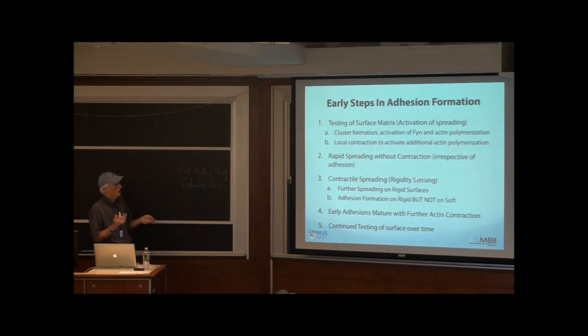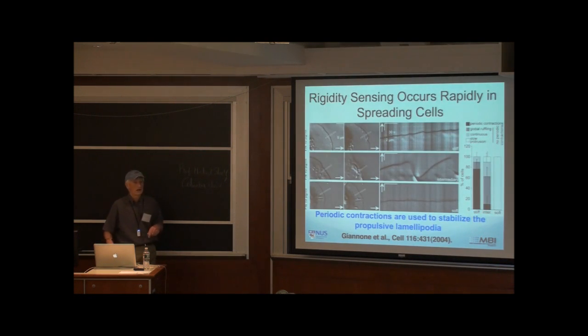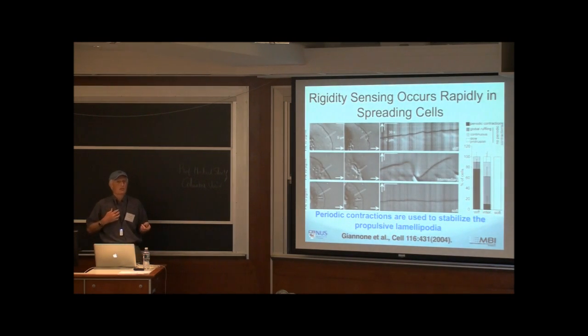And then you have this rigidity sensing, presumably. The reason that we talk about it as rigidity sensing is because when we looked at this, the fibronectin concentration here is constant, and this is now soft, intermediate, or stiff polyacrylamide. We see that when the cells are spread on the soft, they stop at the point where that contraction is activated.